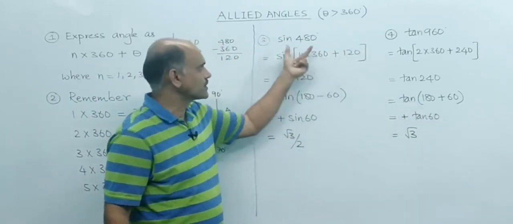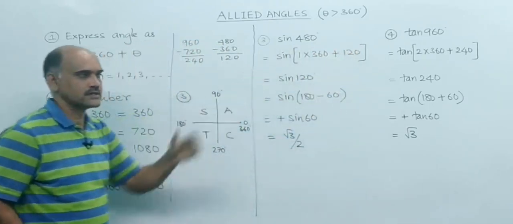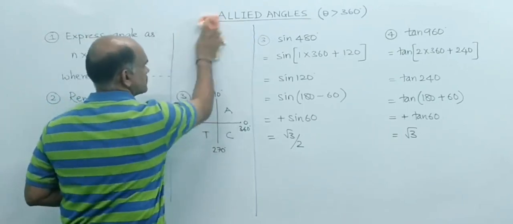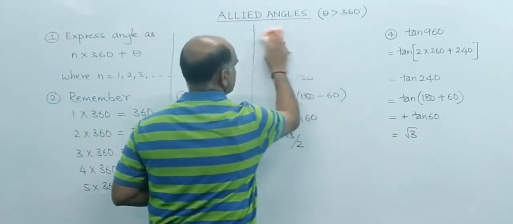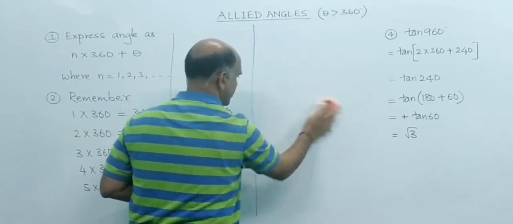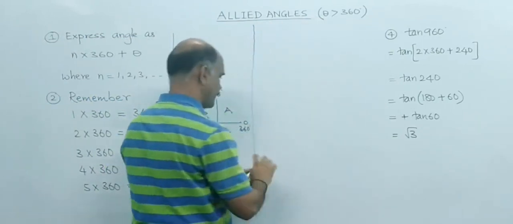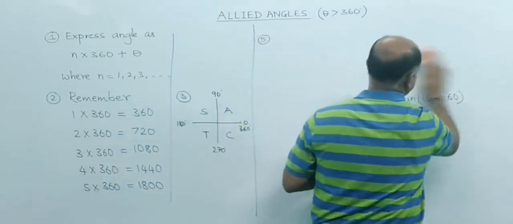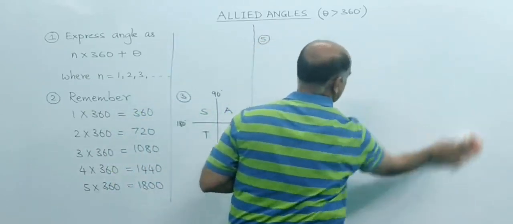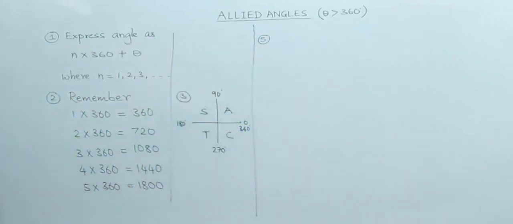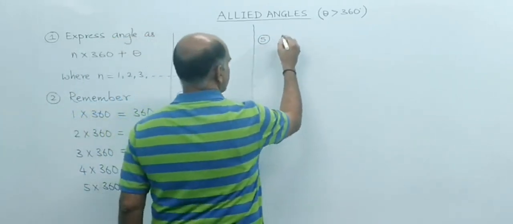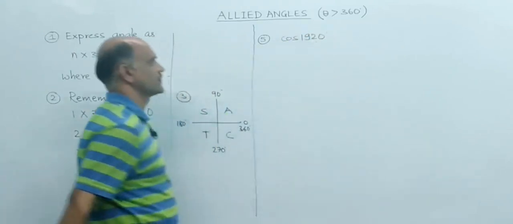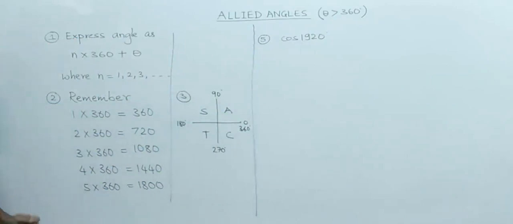Clear, students? So you can take the angles, solve, then we'll go for the next one. So fifth, if I take the next, fifth one, cos 1920.